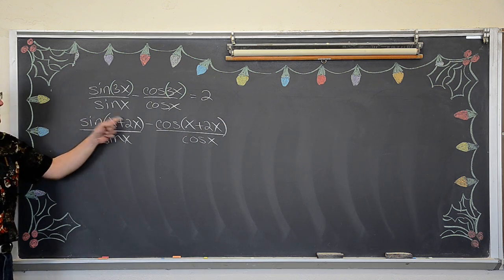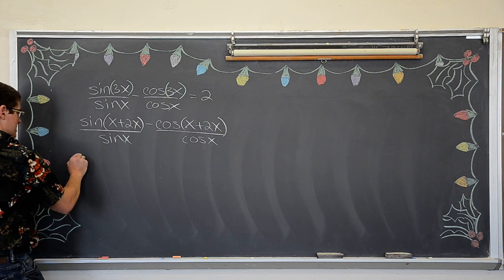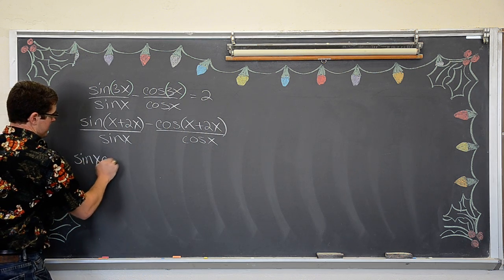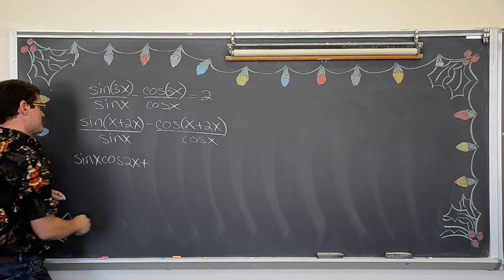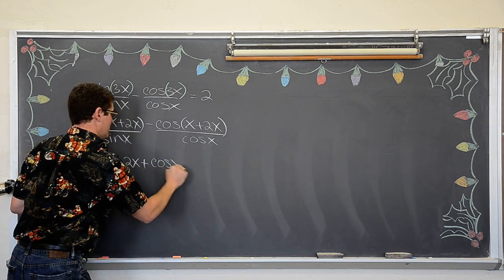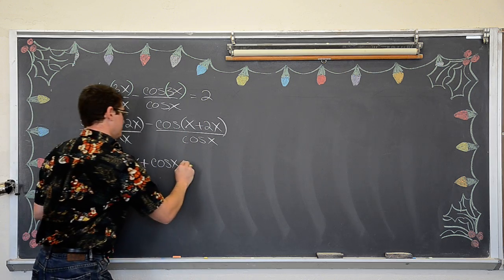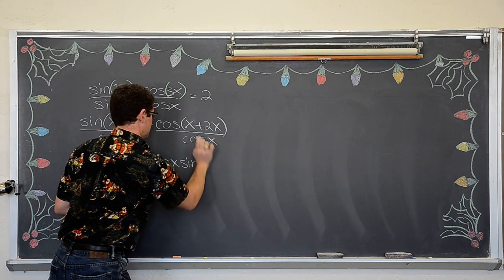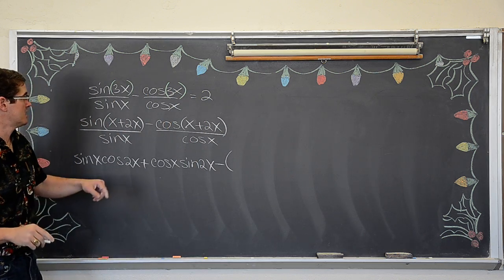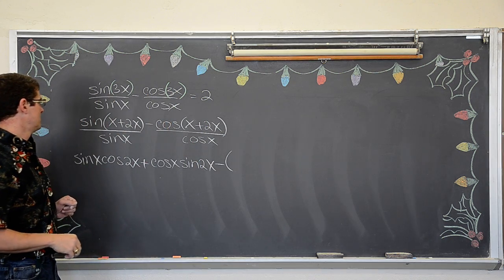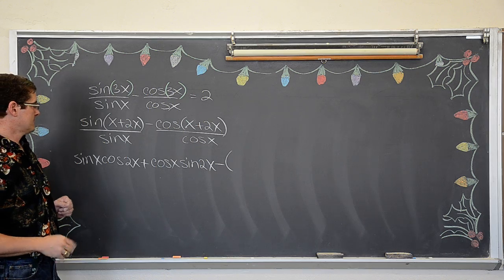I'm going to apply the sum identity for sine. So that's going to be sine of the first, cosine of the second, plus cosine of the first, sine of the second, minus, don't forget the parentheses.